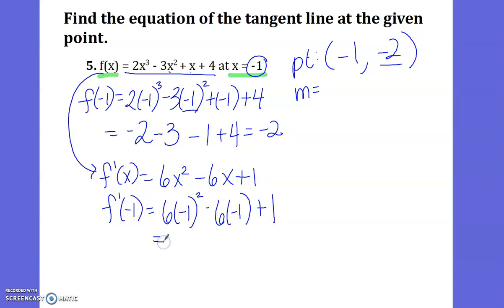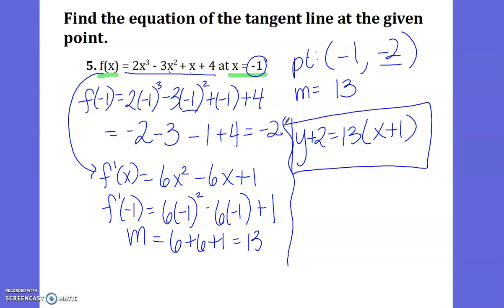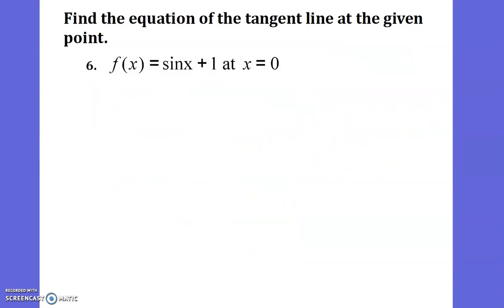This will give us our slope: 6 plus 6 plus 1. Our slope is 13. So we have our point and we have our slope. I put it into point-slope form. There we go.